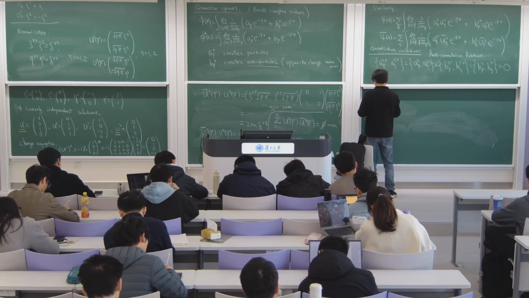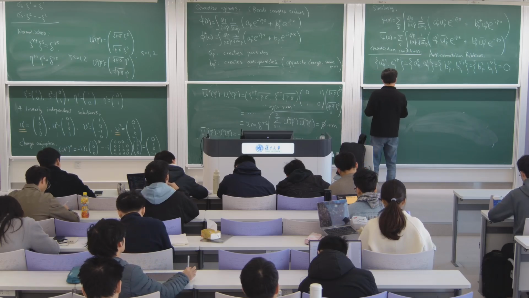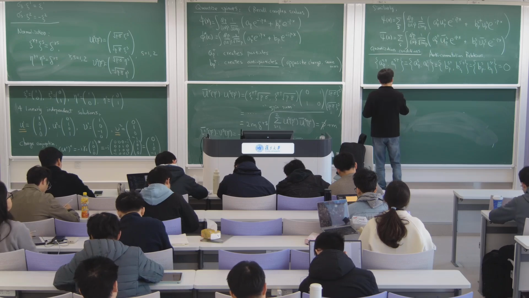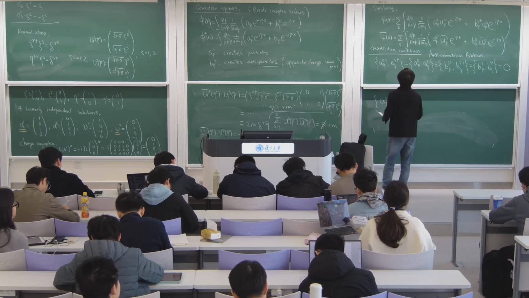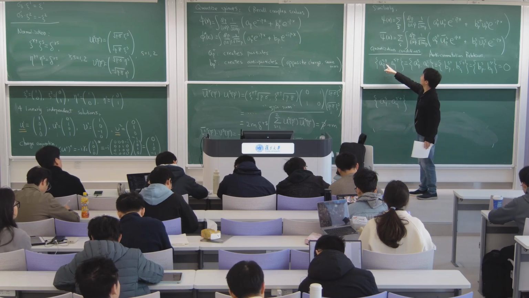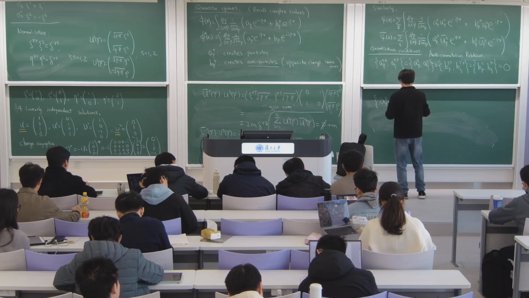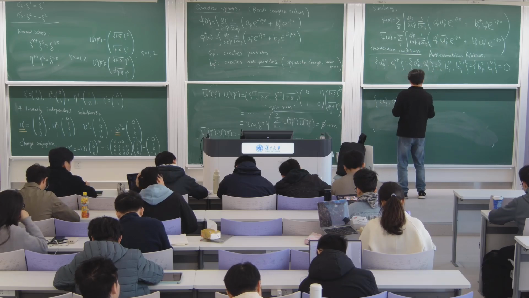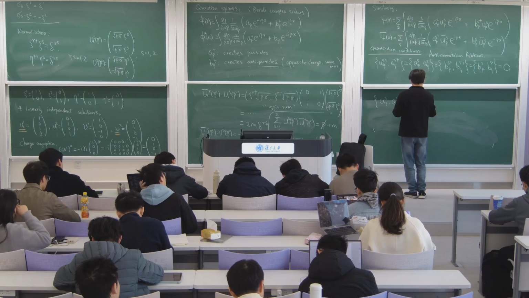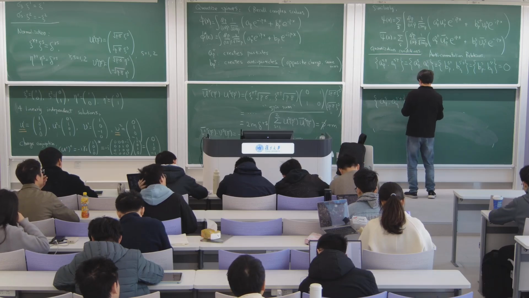So A_p^s A_q^s' dagger. In this case, we also have these s indices. s is the spin index, right? This is just one more index. You shouldn't be confused.